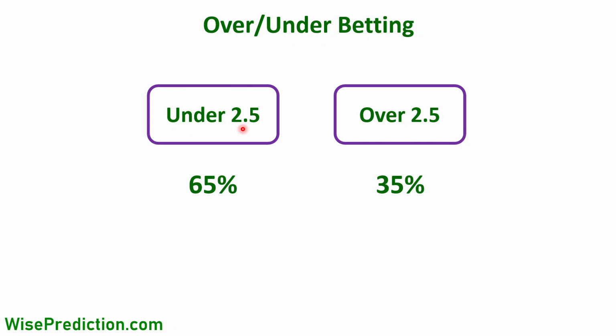As an example, let's say that our predictions look like this one: 65% for under 2.5 and 35% for over 2.5. And since 65% is bigger than 35, our prediction is that under 2.5 is more likely to happen in this particular example compared to the over 2.5 scenario. And 65% here represents the level of confidence that we have for our prediction.